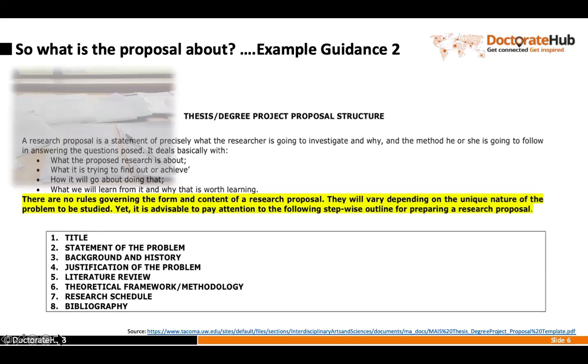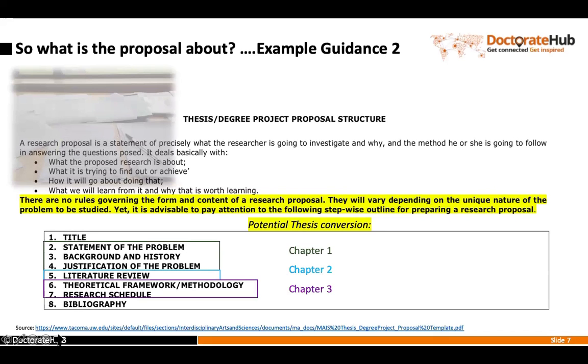And I've been coming across a number of sources, and the guidances that were provided are roughly all pointing to the same things that a thesis proposal should include, and that subsequently, as a matter of fact, directly translate to the first 3 chapters of your thesis.